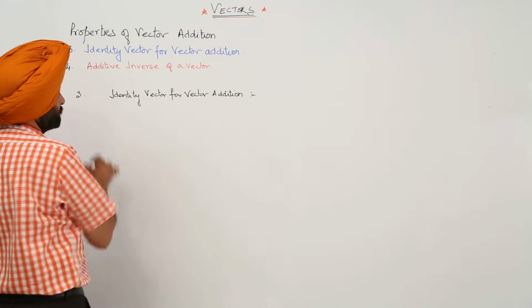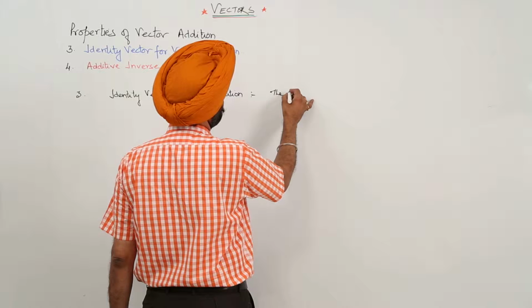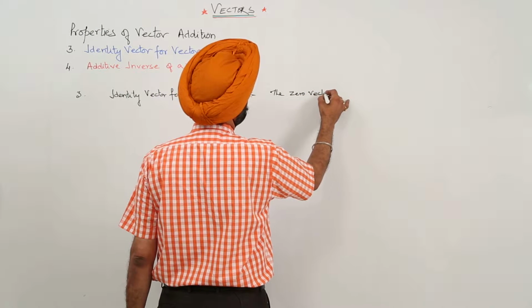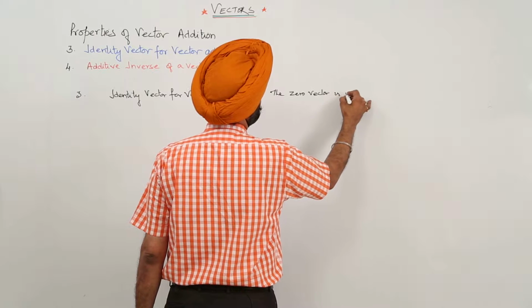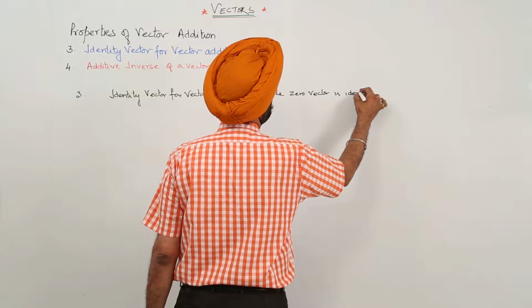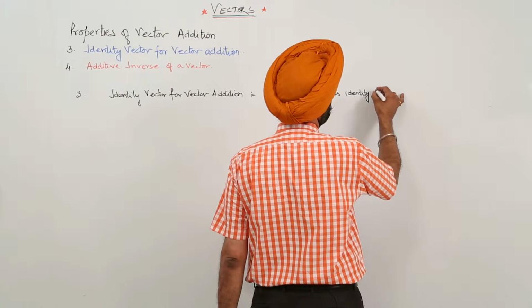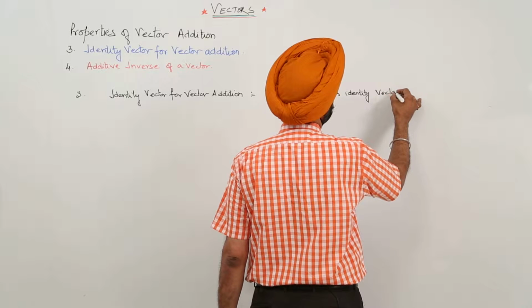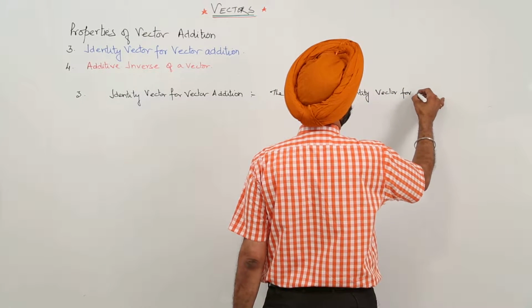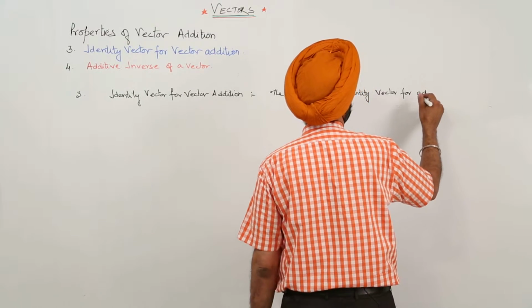Now what this means? The zero vector is identity. The zero vector is identity vector for a vector addition.